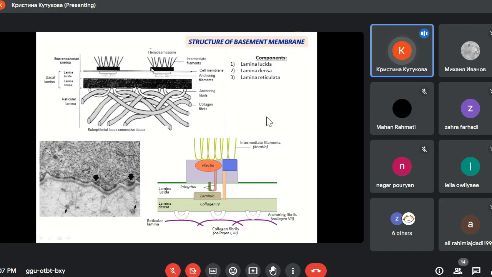So hemidesmosome also has 3 components: extracellular proteins, integrins, here they are green, transmembrane proteins, one end of them is located inside the cell attached to the attaching plaque, and the second free end is located in the lamina lucida of the basement membrane.